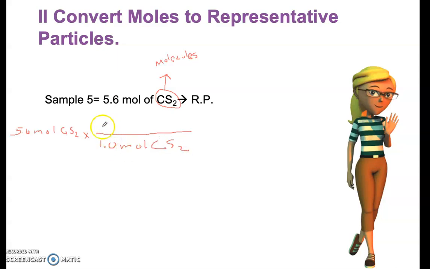And we have Avogadro's number up top. Okay, we're not going to write atoms, we're not going to write particles, we're going to write molecules, okay, because it's a non-metal. So molecules CS2.